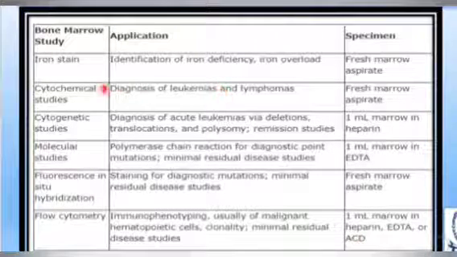So these are the importance of the bone marrow special stains, and you know that the bone marrow has a very important role in the diagnosis of diseases which are unknown or not yet diagnosed.